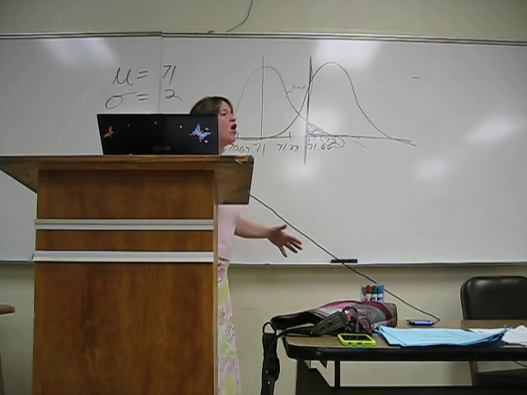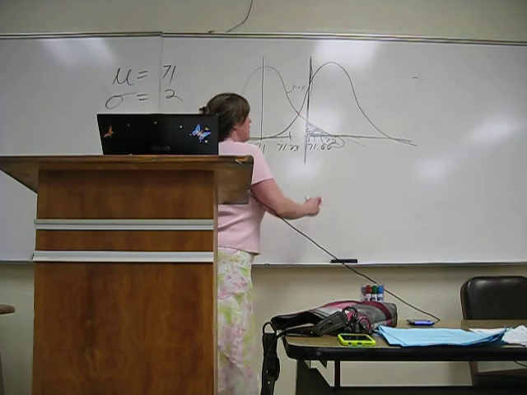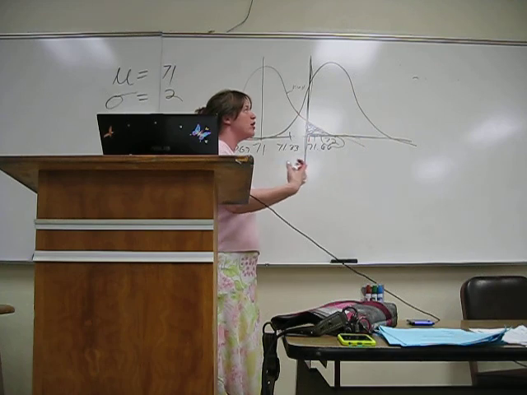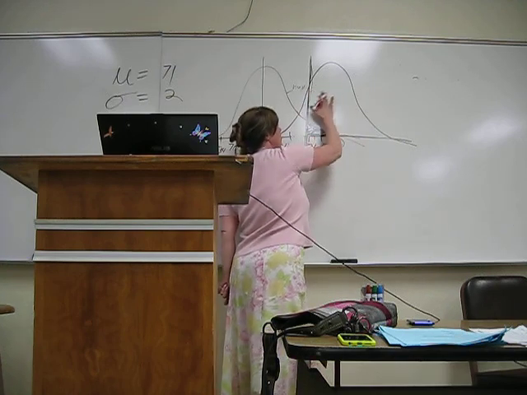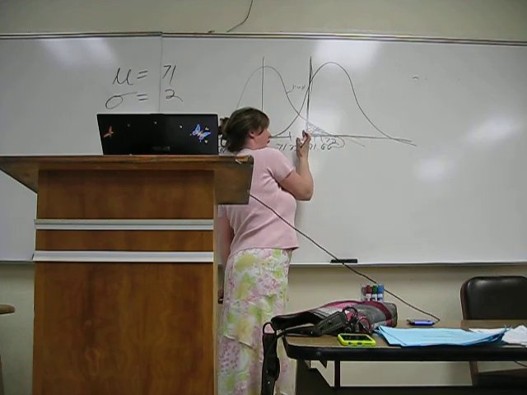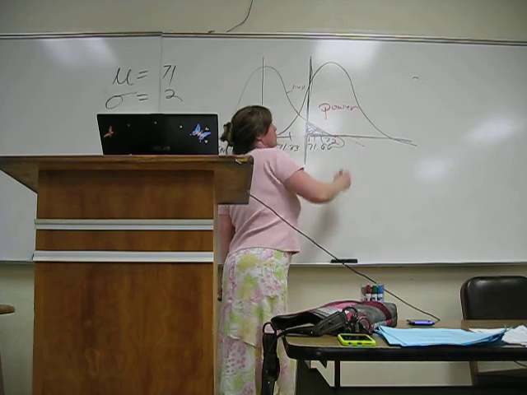Power and beta are 2 halves of the alternative hypothesis. Power is the probability you're going to correctly go with the alternative. Am I going to do that all this time? Anything over here, I'm going to reject the null, right? Anything over here, I'm going to reject the null. So this is power. It's to the right.